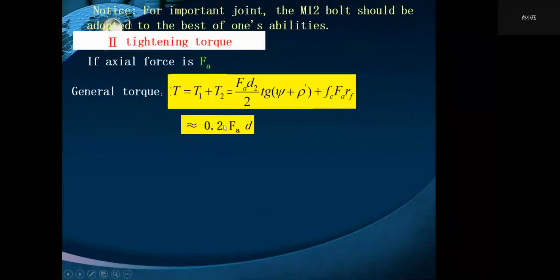This is a simplified formula. T is approximately equal to 0.2 times preload times the major diameter.